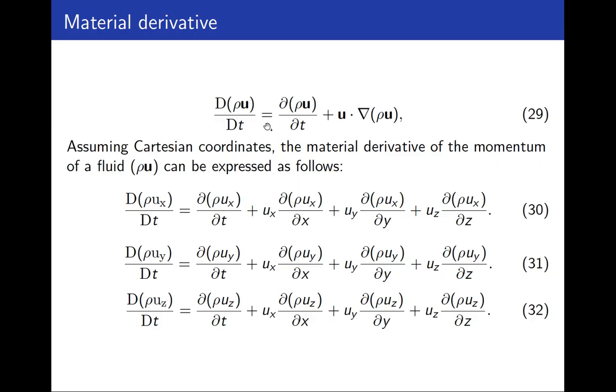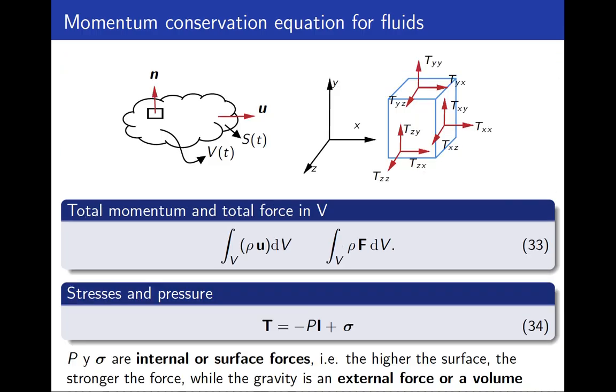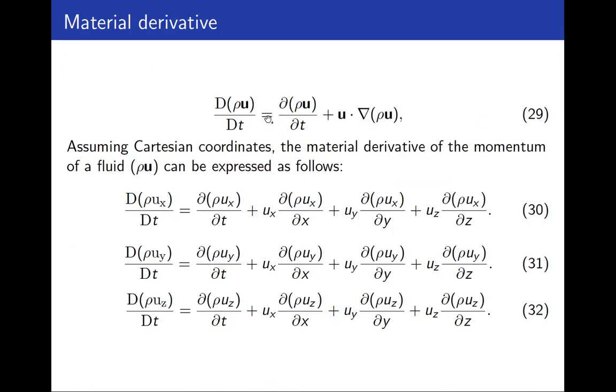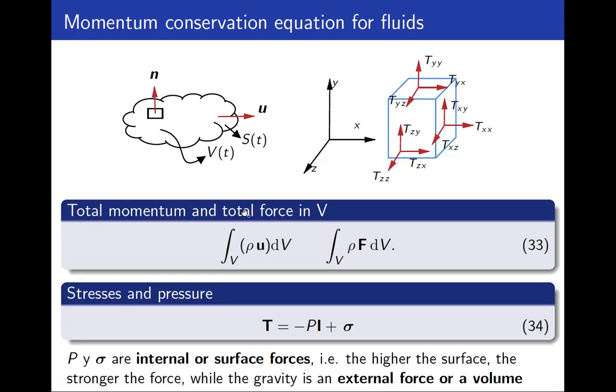So we include our concept of the material derivative because we are interested in changes in time, but also in spatial changes in the direction of the flow. That's why we will introduce this derivative here. We are interested in studying the variation of the total momentum in both temporal and spatial variations.